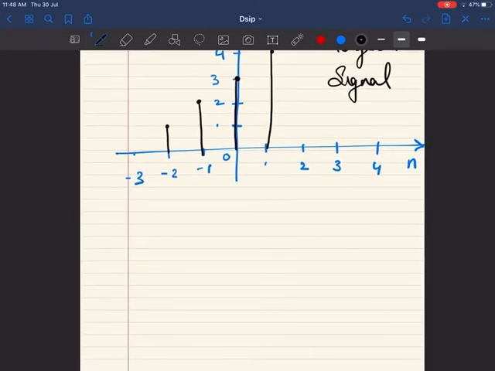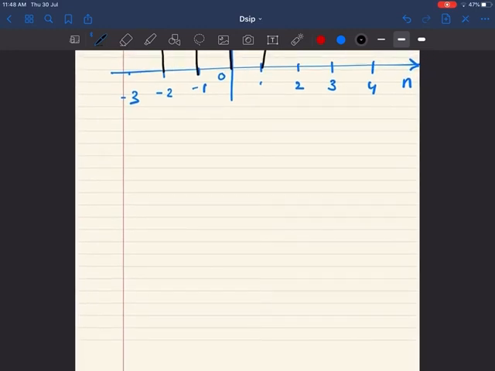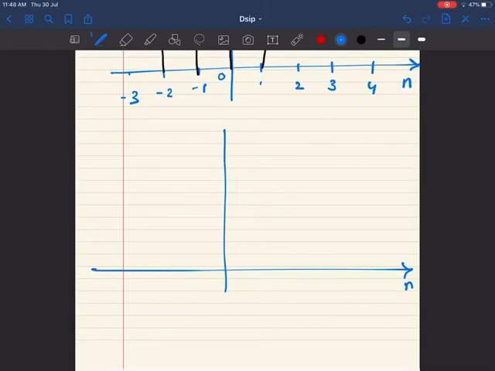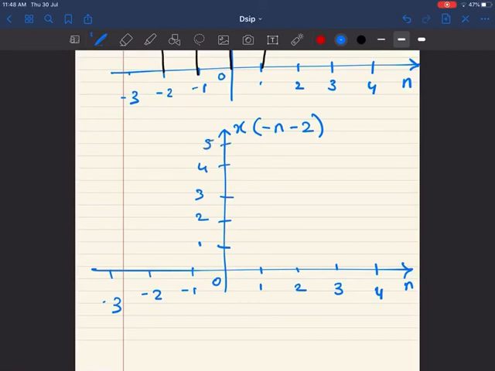Now my modified signal is going to look something like this. This is n, this is x of minus n minus 2. This is 0, minus 1, minus 2, minus 3. This is 1, 2, 3, 4. Now this is going to be like this.